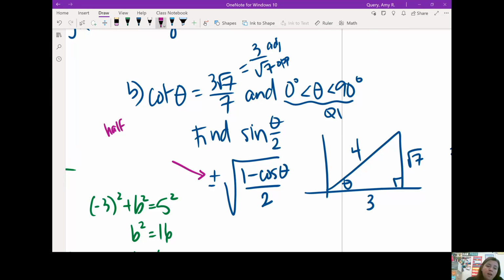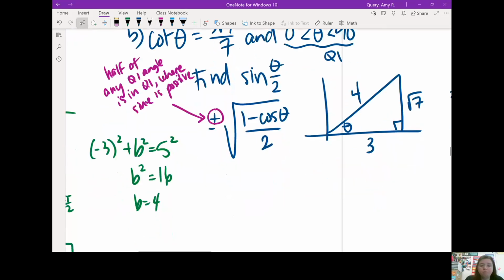So half of any quadrant 1 angle is in quadrant 1, where sine is positive. So that means we know that we're going to choose the positive.